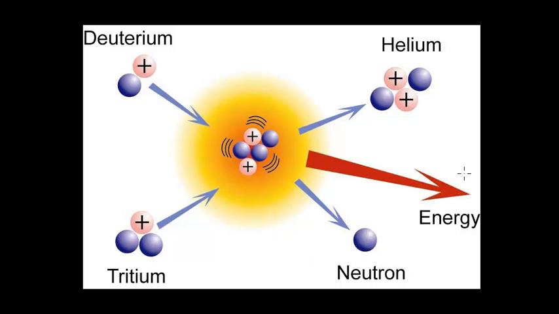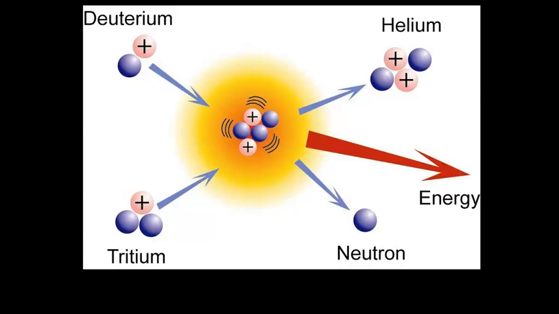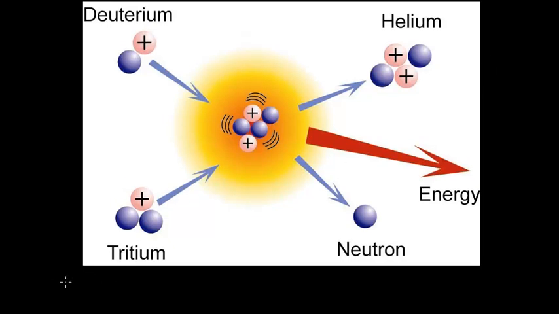And just to give you an idea of how much temperature and pressure you need in the sun, the temperature in the core is 15 million degrees Celsius.